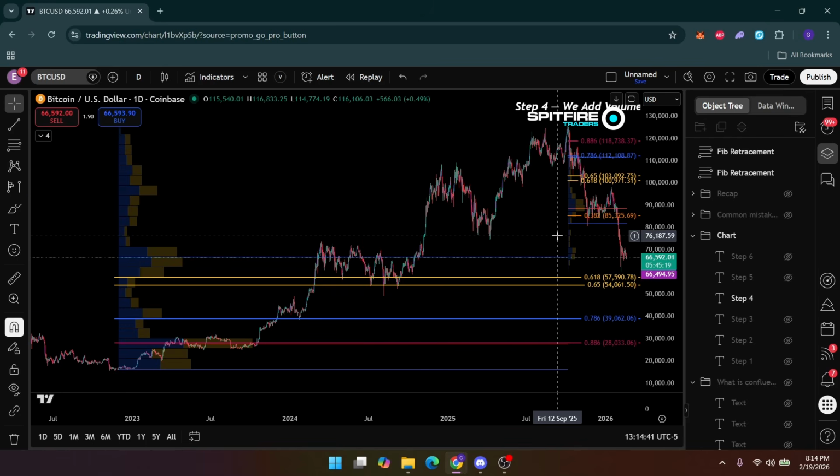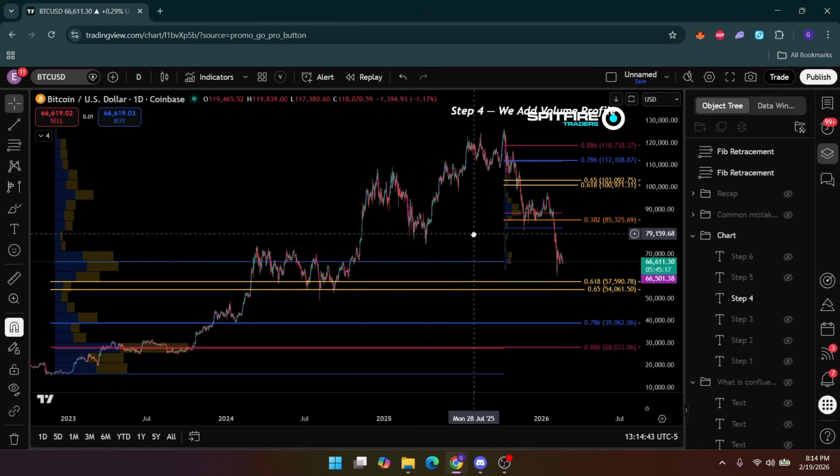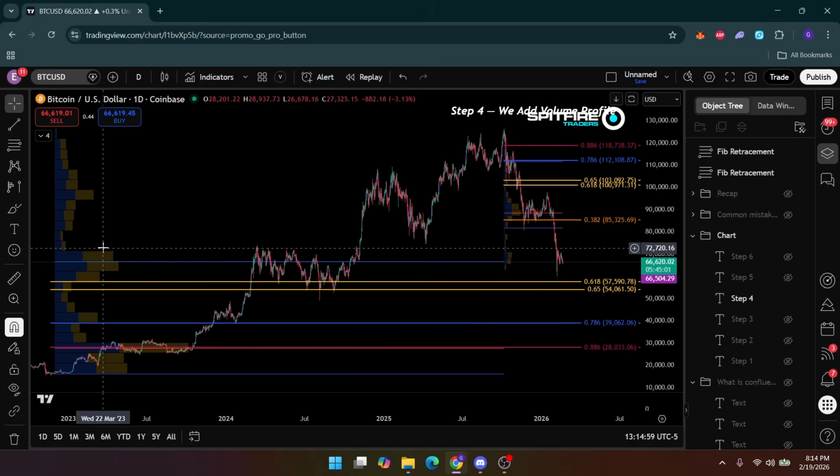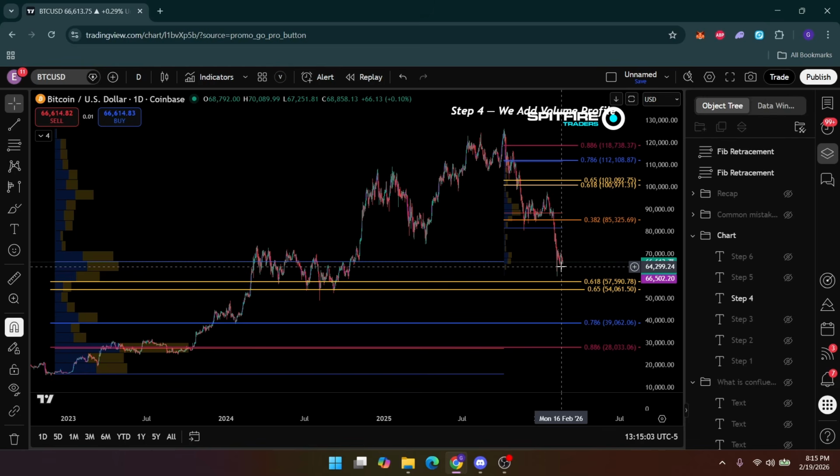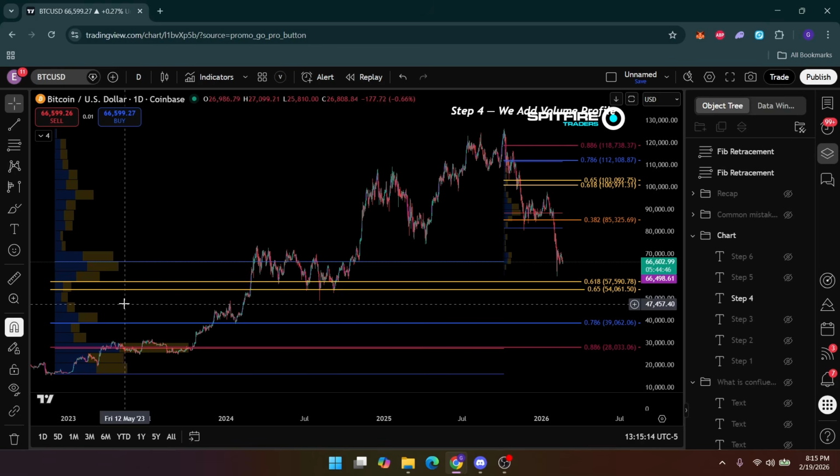When we add volume profile, we want to know where most transactions took place, where both sellers and buyers wanted to do business. High volume nodes become magnets for price. As we can see, this cluster of volume here held price for the time being. We also see that below the golden pocket and below this wick here, there's not much volume to hold the price.